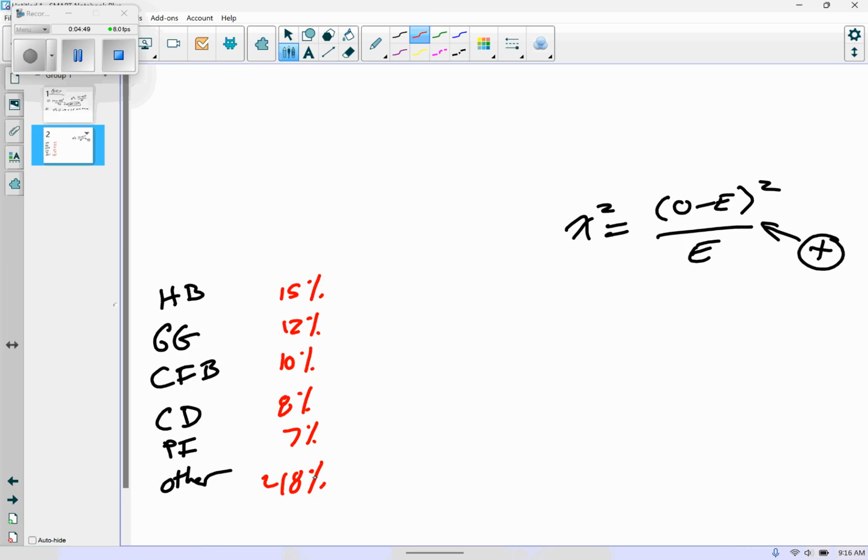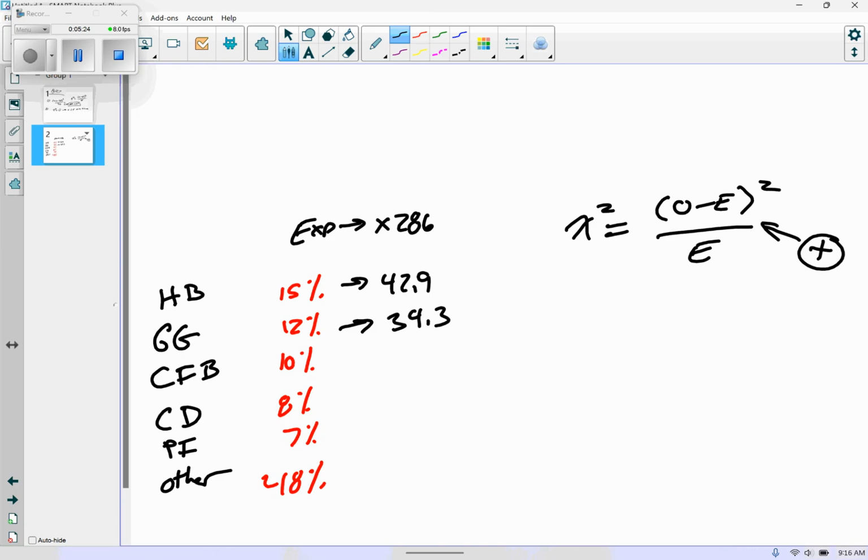It says we did a random sample of 286. So this is our expected, but we need to convert the expected to an actual number. So we're going to multiply each of these by 286. 286 times 0.15 gives me 42.9. 286 times 0.12 gives me 34.3.